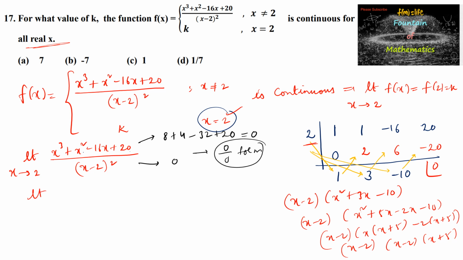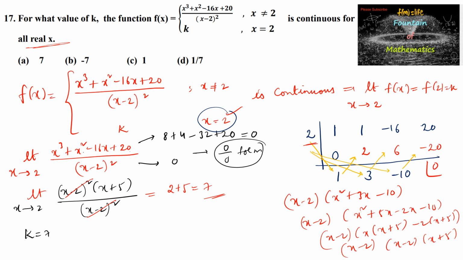So here limit x tends to 2, the numerator we can write as x minus 2 whole square into x plus 5 upon x minus 2 whole square. We can cancel x minus 2 whole square, and limit x tends to 2 of x plus 5 is 2 plus 5, which is equal to 7. So the value of k is 7. Since the limit value is equal to the functional value, f of 2 is also k, which is 7. So option A is the answer.